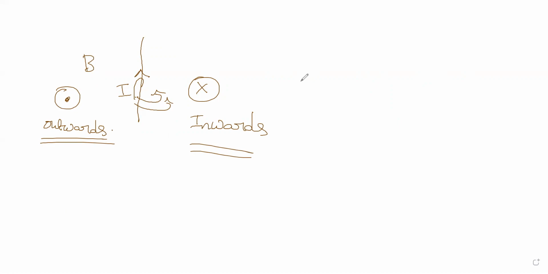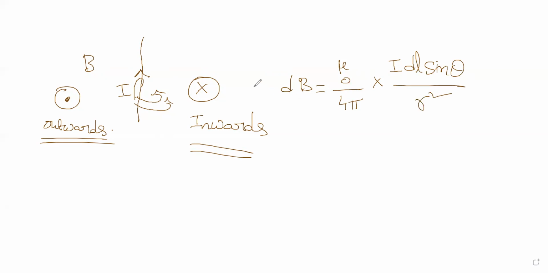Now the magnetic field from Biot-Savart's law is given by dB is equal to mu naught by 4 pi into I dl sine theta by r square. For Biot-Savart's law, we consider some current element and take a point P, and the vector joined from the current element to the point P makes an angle theta with the current element.